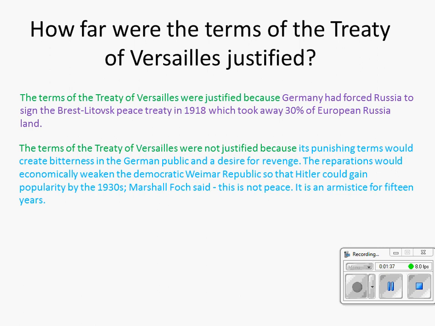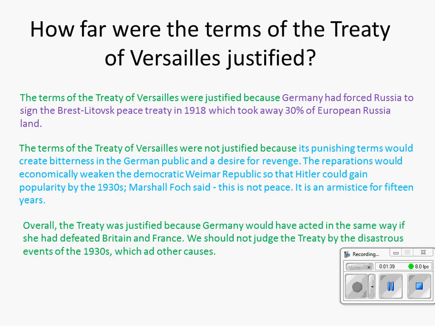Then you've got to make sure you do your conclusion. Conclusion is a way here of sort of balancing up the two sides of the argument. Overall, I've come down on the side of the argument that it was justified, because Germany would have acted in the same way if she had defeated Britain and France. We should not judge the treaty by the disastrous events of the 1930s, which had other causes.